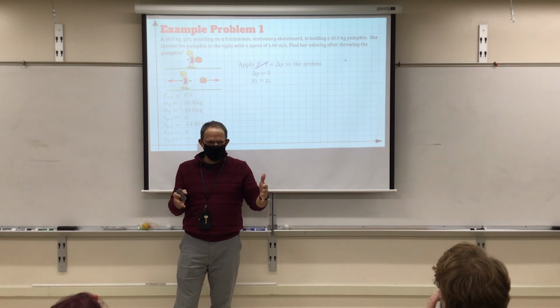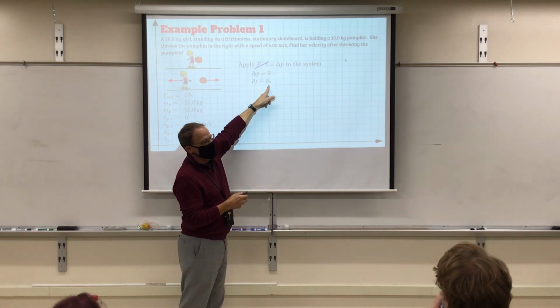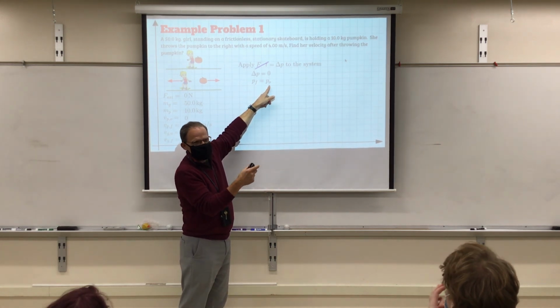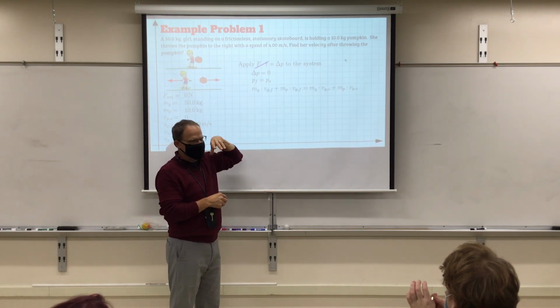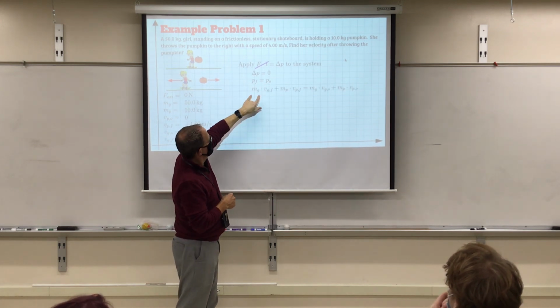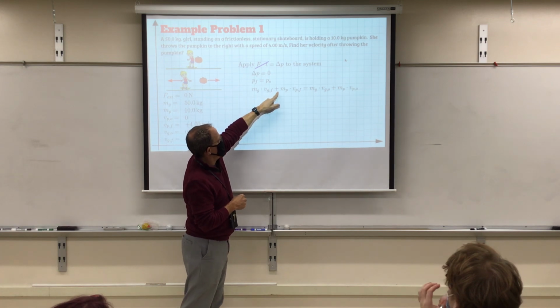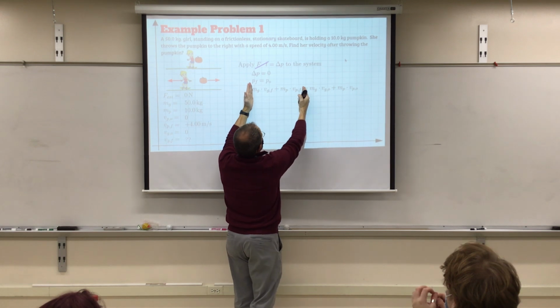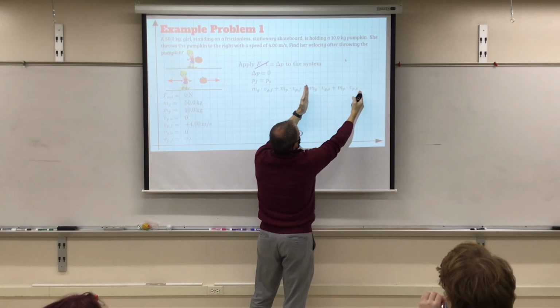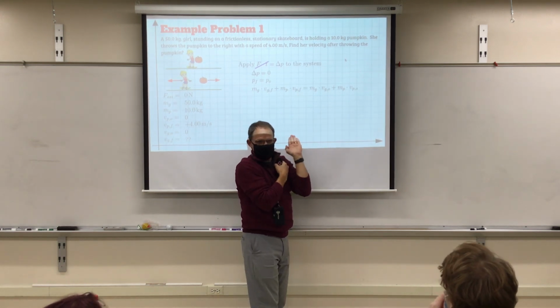That's the final momentum, and that's got to equal the mass times the velocity of each thing before she throws it. It's a little long, but you guys will be okay.